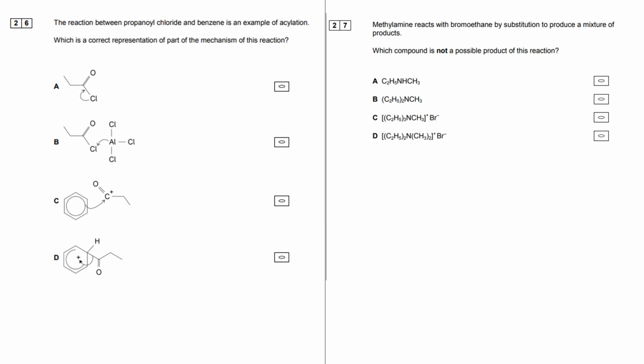Question 26. The reaction between propanoyl chloride and benzene is an example of acylation. So when acylation occurs with benzene, you have your acyl chloride, in this case it's propanoyl chloride, which reacts with aluminium chloride to produce the electrophile, so CH3CH2CO with a positive charge on the carbon, and AlCl4-.